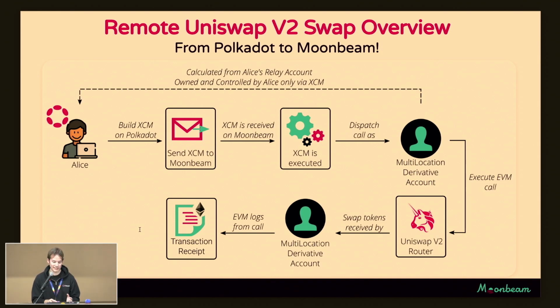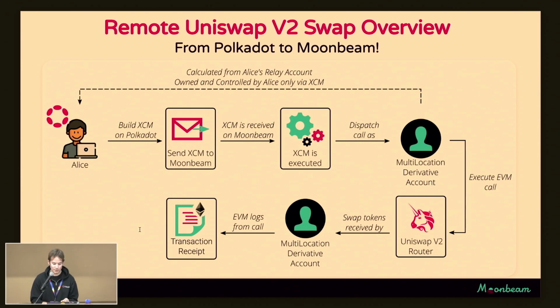Instead, we create a derivative account that belongs to Alice. She's the only one that can control it, and only via XCM. Nobody knows the private keys to this account. It's a special type of account, and you can send funds to it, and then you can control the funds that are in this account, call various contracts, and do anything you'd like. But all these instructions need to come via XCM.